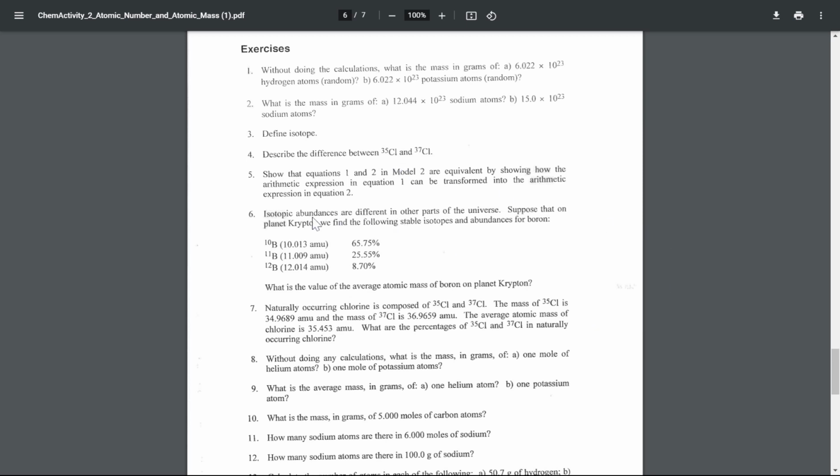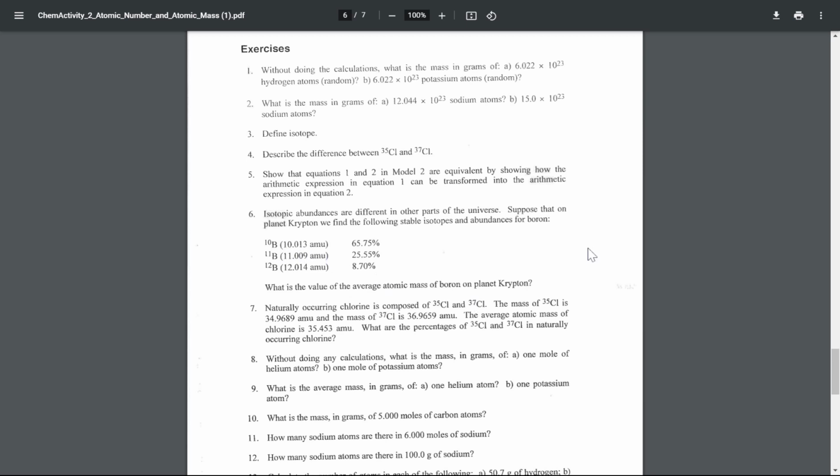And looking at, again, the average mass, if you look at all of the boron atoms that we have on planet Krypton, 65.75% are going to be this isotope right here.